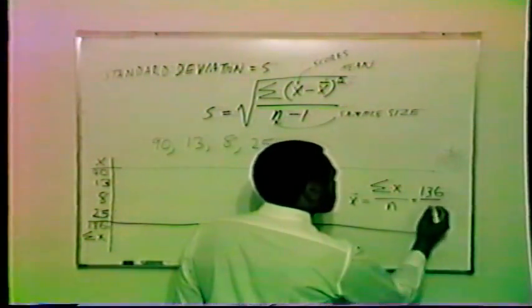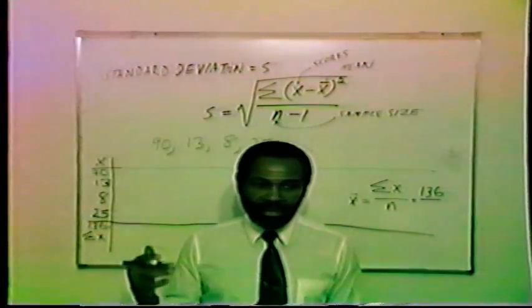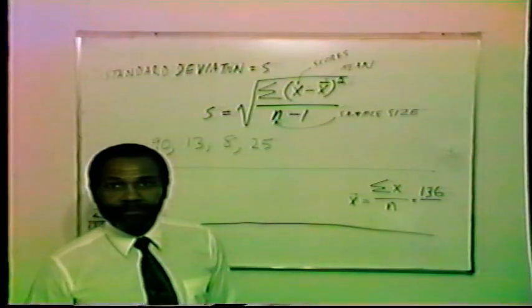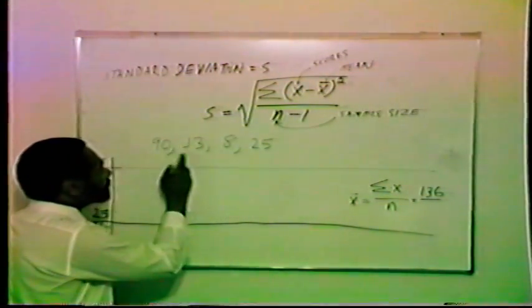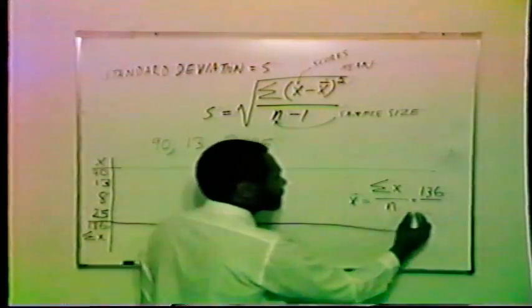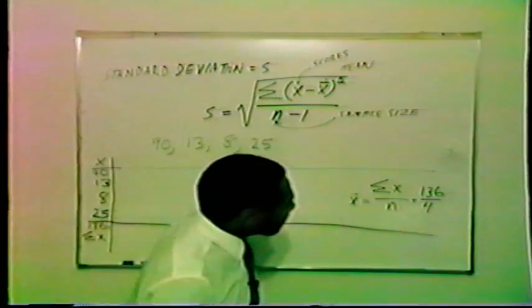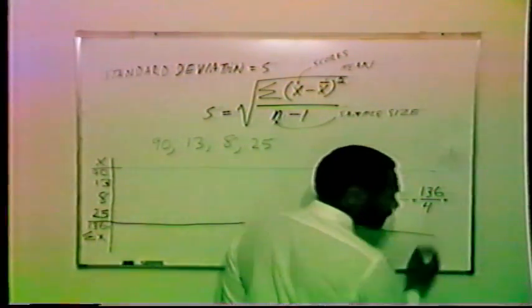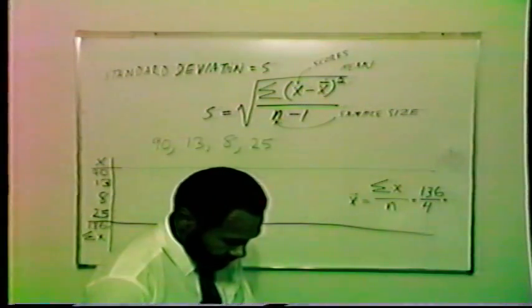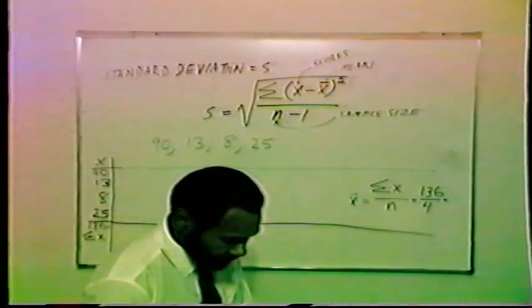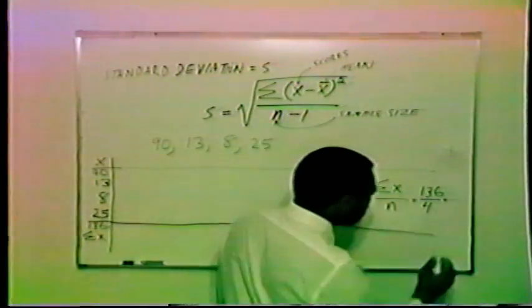136. And we're dividing by the number of scores. So in this case, we're dividing by what? Right, we're dividing by 1, 2, 3, 4. We have 4 different scores. And when we divide that, we can do it on the calculator right quick, 136 divided by 4, that gives us 34.